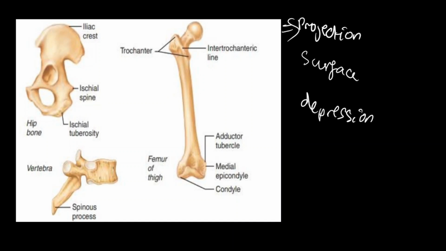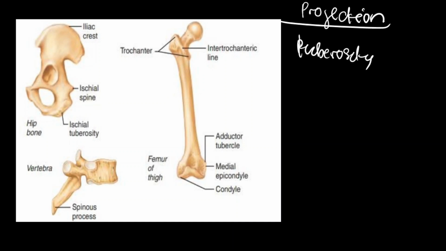Just to put it generally, a projection is simply slightly elevated above the general surface of the bone. These projections could be a tuberosity. The tuberosity is a large rounded projection, and here in this picture we can see the iliac tuberosity, and we can see that it's rounded and it's large. So it's a large rounded projection of the bone.